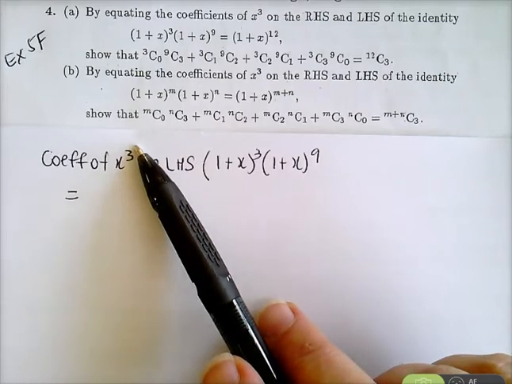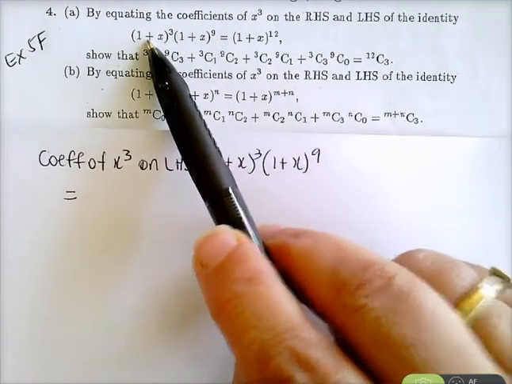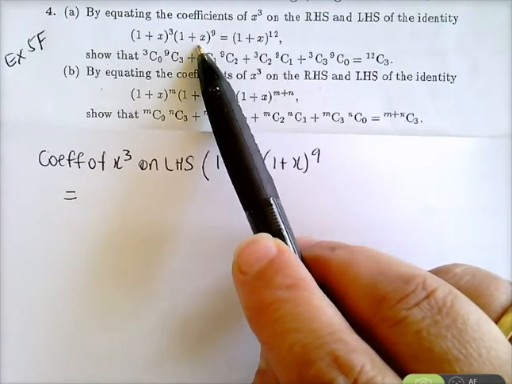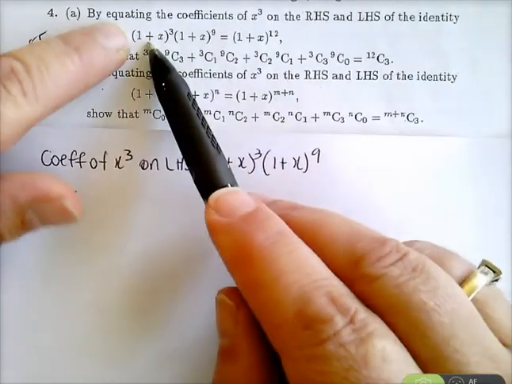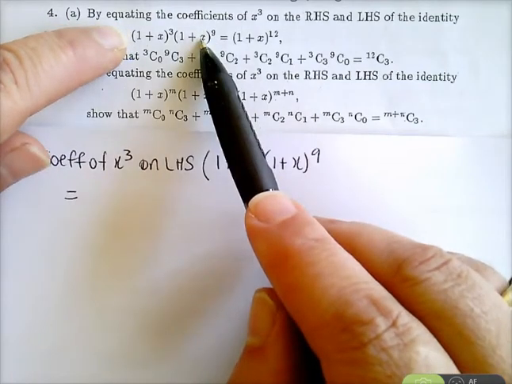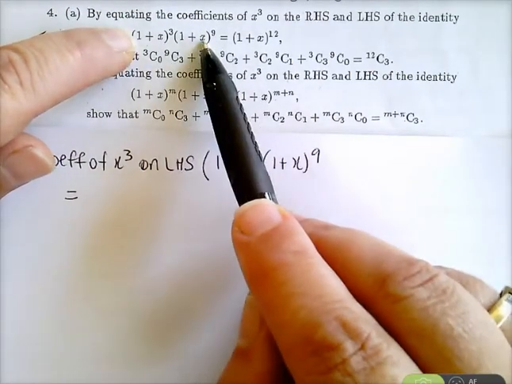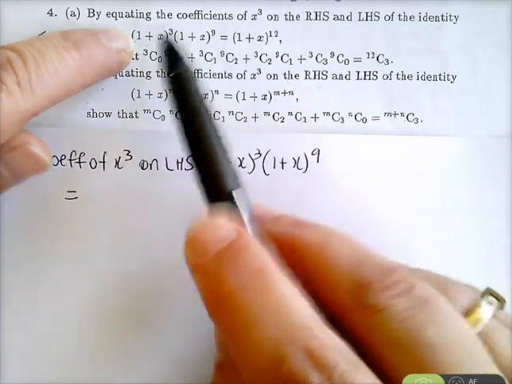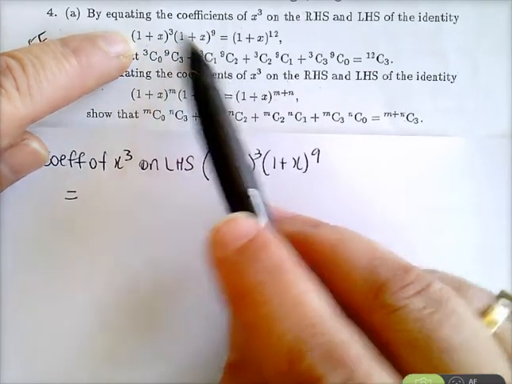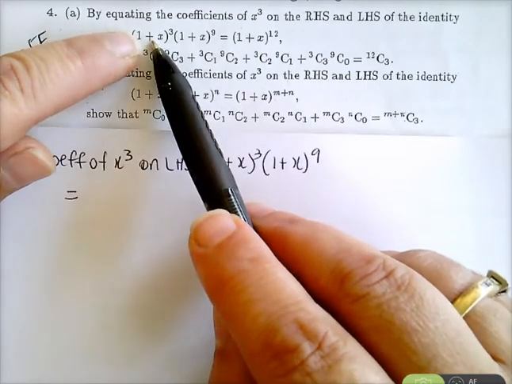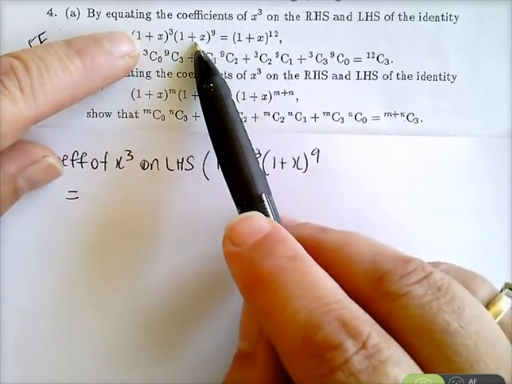You could do the x term in this one times the x squared term in that. The x squared term in this times the x term in that. And the x cubed term in this times the constant term in that.